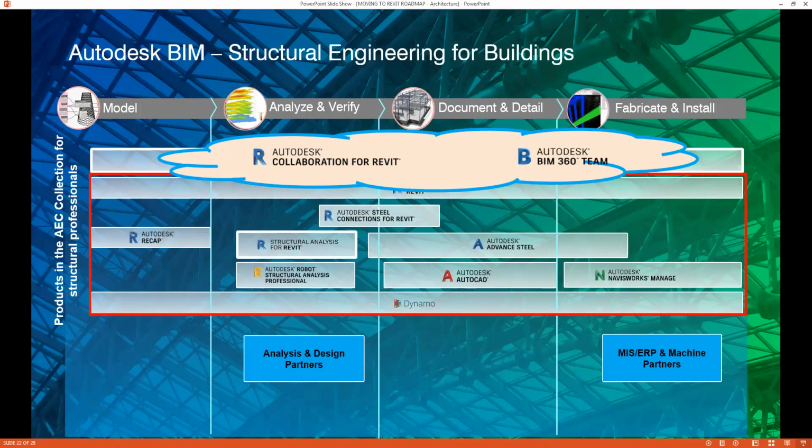So you are calling their attention to the subset of AEC collection that they need to carry out their tasks. Okay, all right. And then we are saying that for structural design, structural engineering for buildings, we also have collaboration for Revit and Autodesk BIM 360 team as external software that they need as well to make sure it works very well.